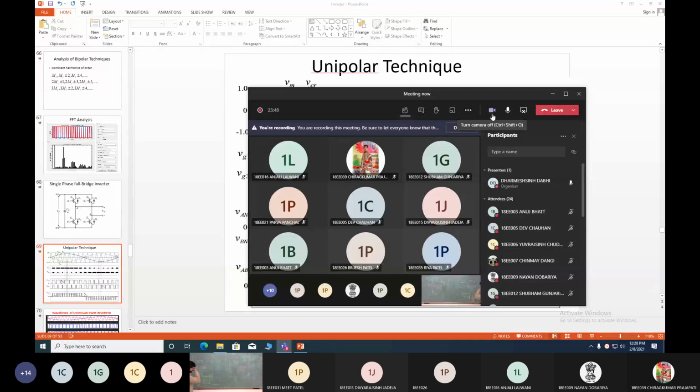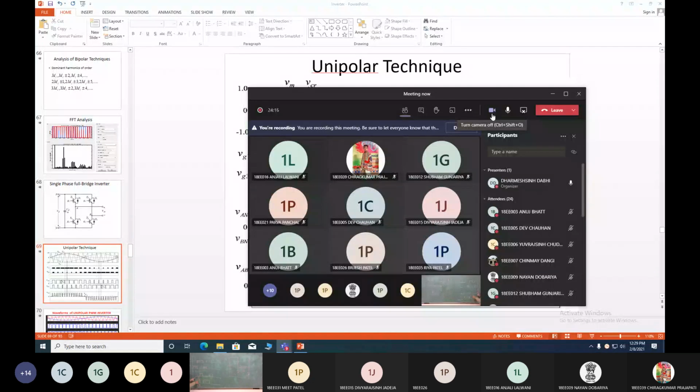In the same way, suppose we require the negative voltage. At that time S3 and S4 must be turned on simultaneously. So where is S3? S3 is on here, and S4 is on here. You can see that there is no common interval where S3 and S4 turn on simultaneously in the positive cycle of your supply.